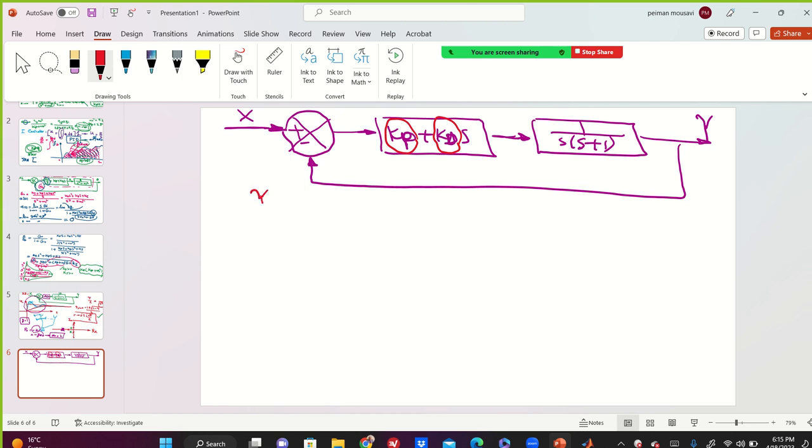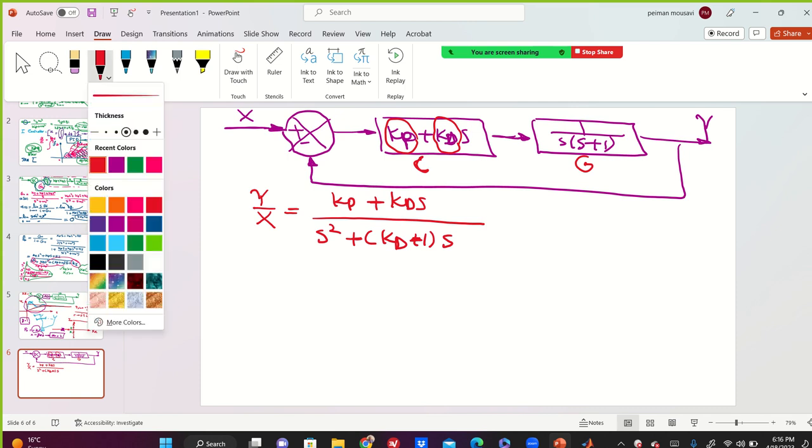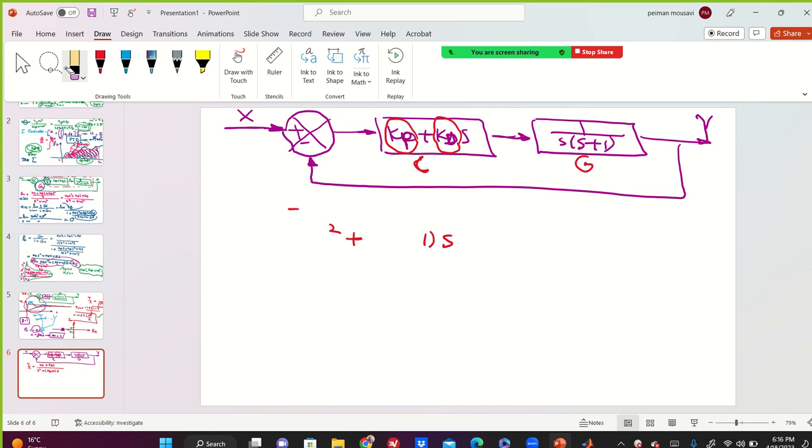So you know that the closed loop transfer function after adding the controller, Y over X, is again KP plus KD s divided by s squared plus (KD plus 1) s plus KP. Sorry guys, because I'm doing it with you, I have to redo it.